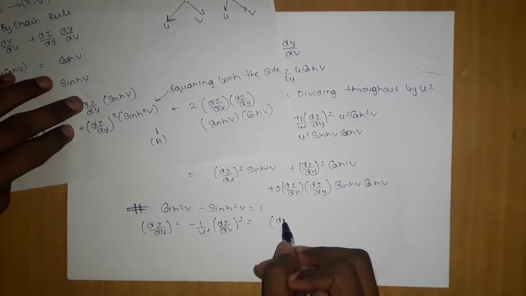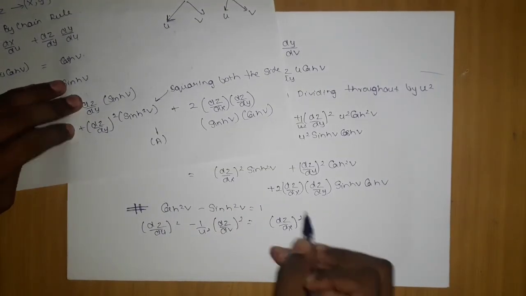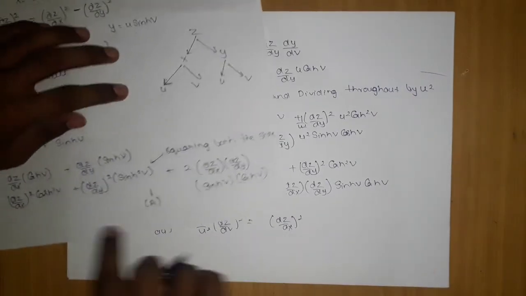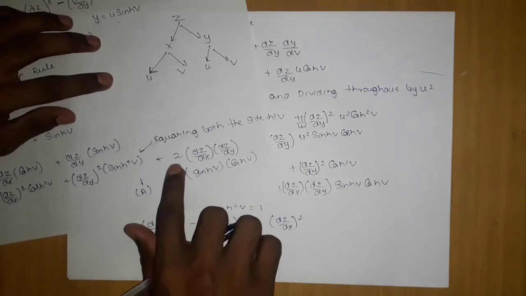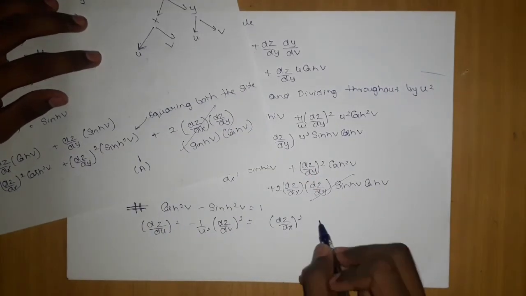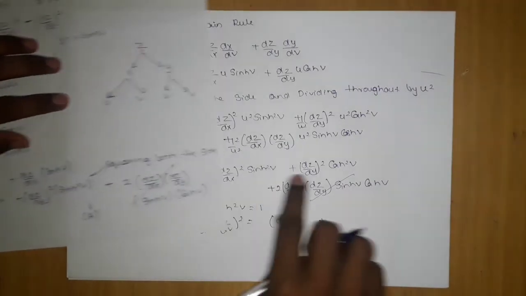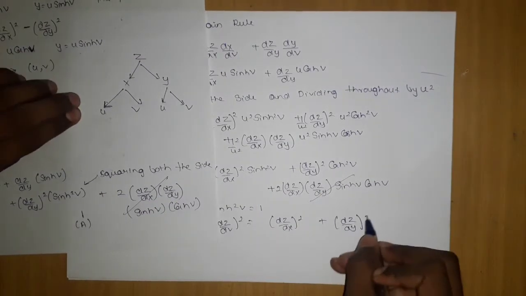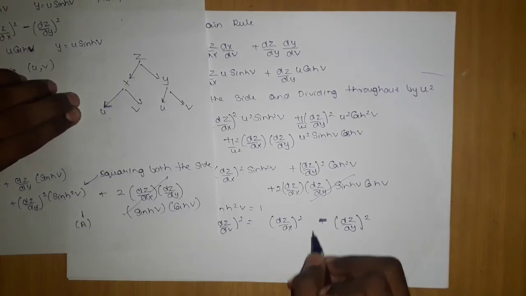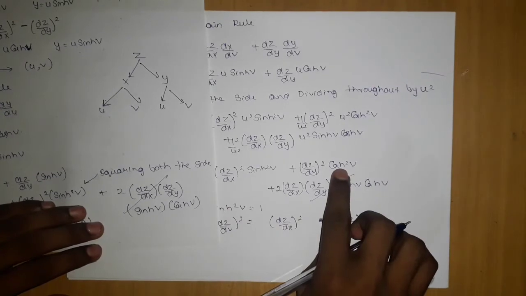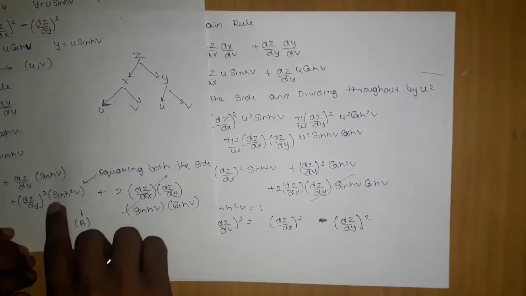So I am left with dou z by dou x the whole square. I am not writing all the values again and arranging the terms; you can understand this much. Now since it is subtracted, these two terms will nullify, and here again with sin h square v and cos h square v, I am left with dou z by dou y the whole square with a minus sign. How does the minus sign appear? Because here cos h square v minus sin h square v is there.